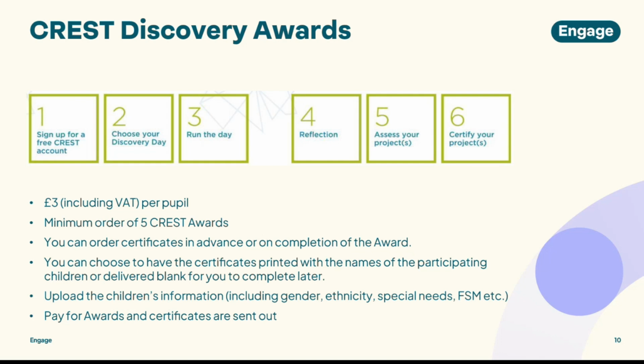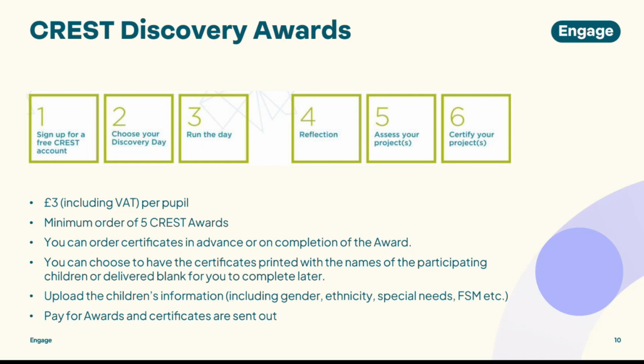You can order your certificates in advance, and when you pay for them, they will come through to you, or you can order them when you complete, and then you are obviously paying for the ones that are actually completed. You can have them delivered blank, so you can complete them later, or you can have them completed for you with the student's name.